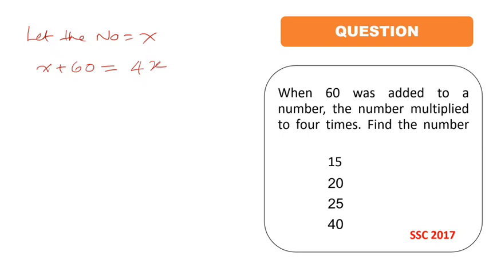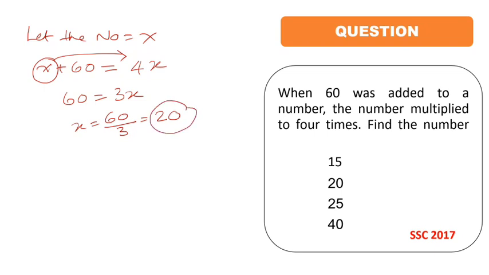So you can write 60 is equal to, I am taking this 1x to this side, so it will become 4x minus x, which is equal to 3x. So x will be equal to 60 divided by 3. I got 20. So the number is equal to 20, and from the given options you can mark the correct answer as 20.